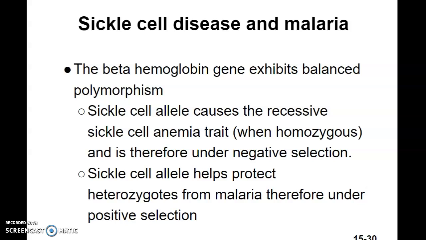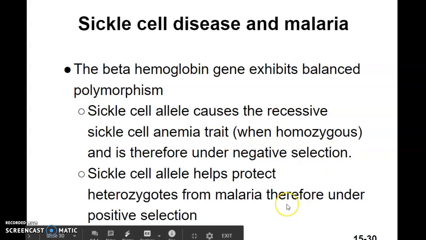So if you have one copy of the gene, you're going to make some of these bad beta hemoglobin proteins. But you also have a good copy of the gene, so roughly in nature about 60% of your hemoglobin is going to be good, 40% is going to be bad. But having two copies of the trait gives you sickle cell anemia, and that's a negative selection.